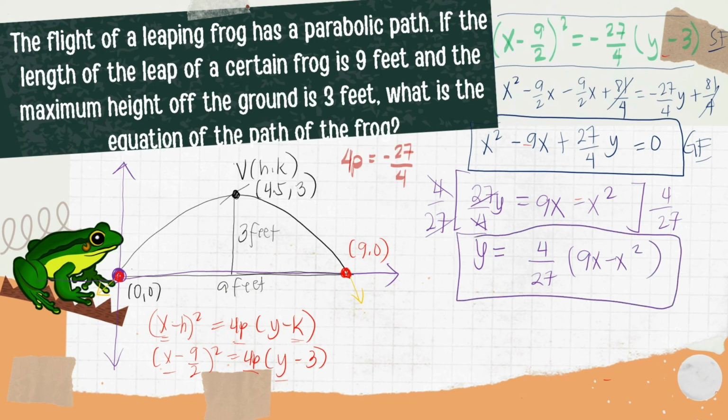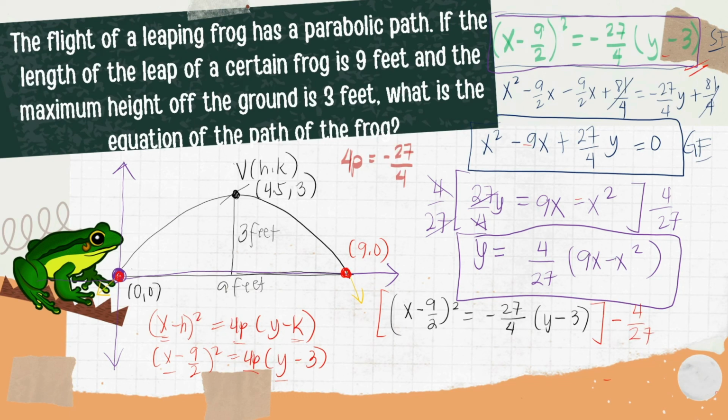So, paano naman kapag in terms of y, rekta tayo or hindi na tayo dumaan sa general form? So, ito yung standard form natin, di ba? So, paano pag kinuha natin yung in terms of y niya from standard form? So, multiply lang natin both sides by negative 4 over 27 para ma-cancel out itong 4 and 27.